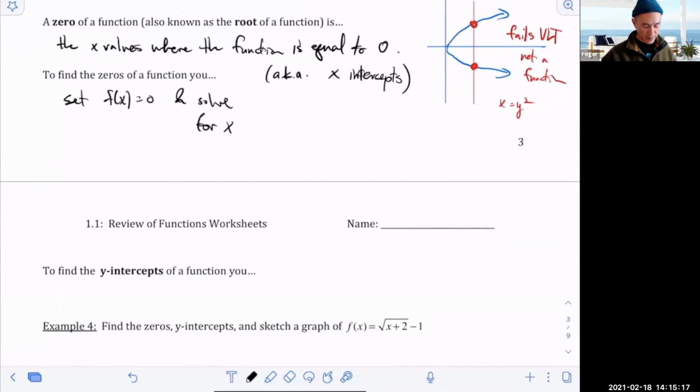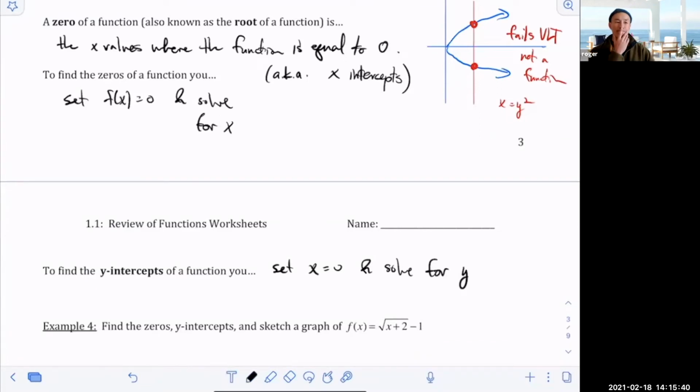To find the y-intercepts, what do we do? You set y equal to 0 and solve for x. Wait, set x equal to 0 and solve for y, sorry. x equal to 0 and solve for y.